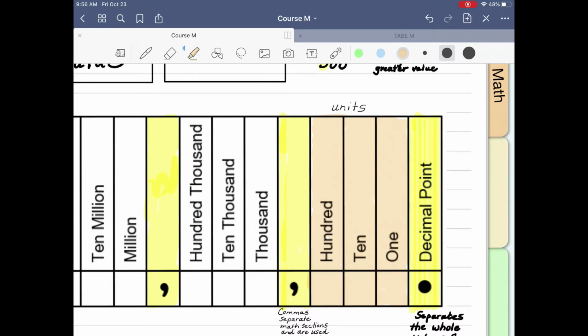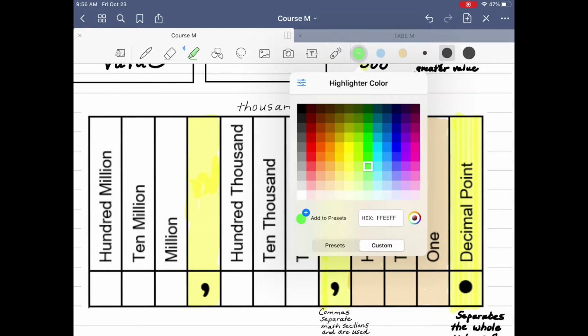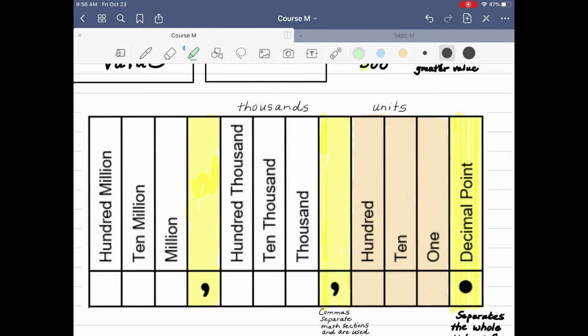Ones, tens, hundreds. Okay. And then we have the thousand section. So we put the comma in, we move over and start our thousands section. So we have 1,000, 10,000, 100,000. And I colored this with green. Let me not make it quite so dark. I don't want to obscure the words.